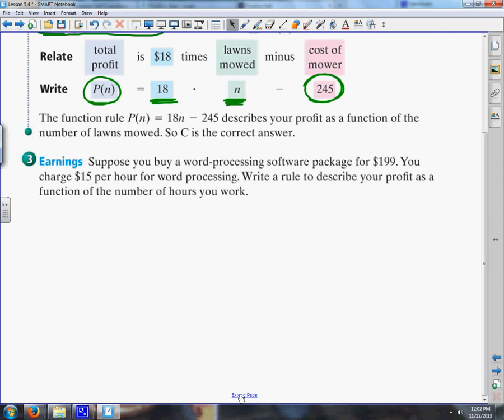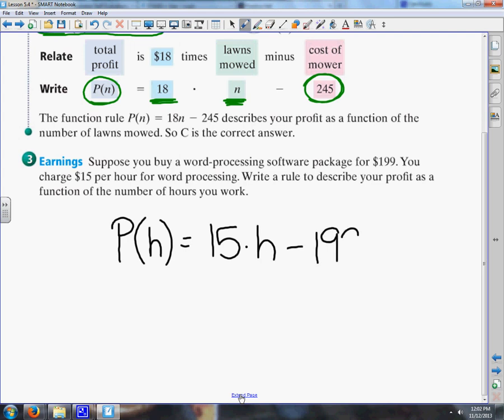Suppose you buy a word processing software package for $199. You charge $15 per hour for word processing. Write a rule to describe your profit as a function of the number of hours you work. So my profit for the number of hours I work is going to be $15 per hour minus the cost of the software.